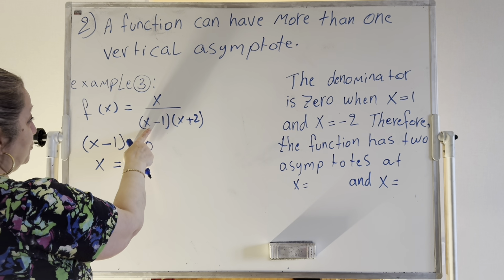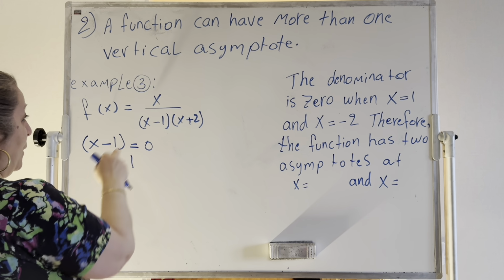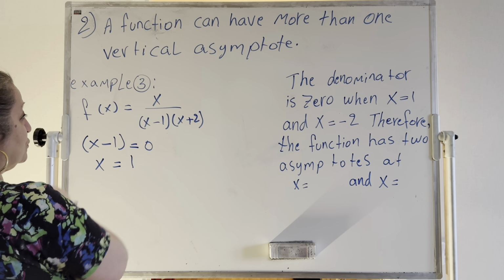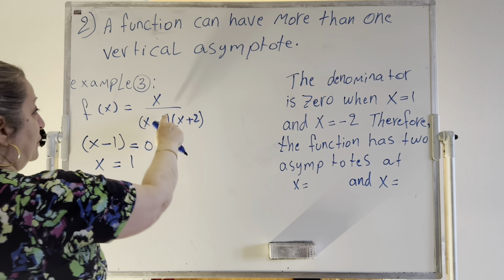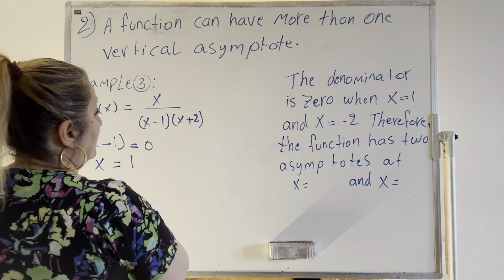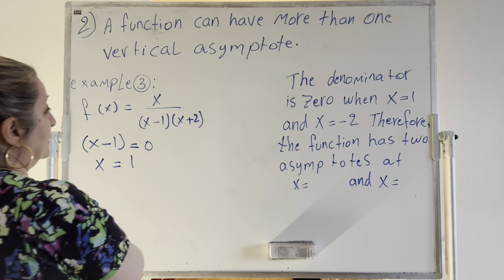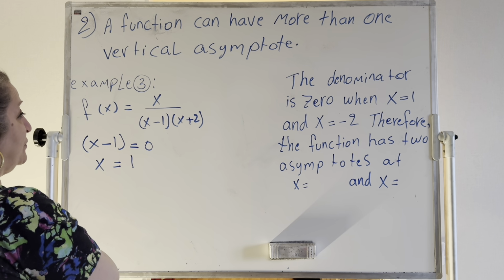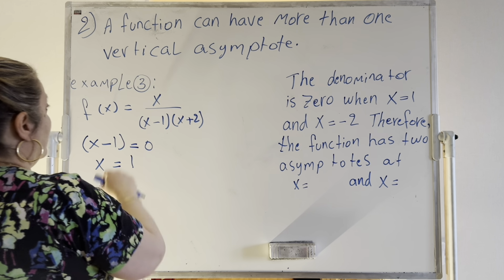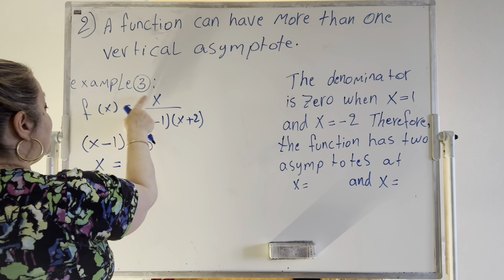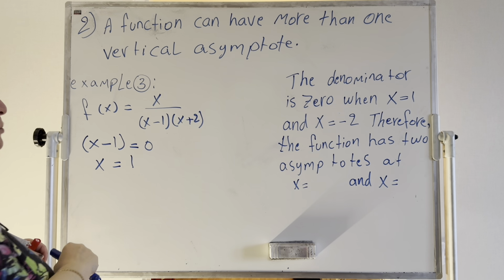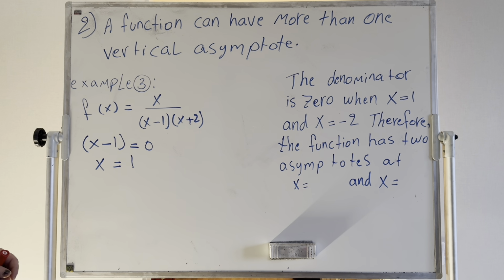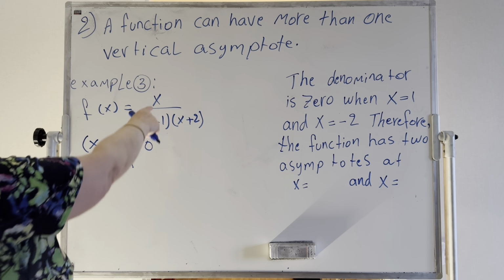When I substitute 1 for x here, 1 minus 1 equals 0, and 0 times the whole parentheses here will be 0. But when I substitute 1 for x here in the other factor, it will be a number, not 0.